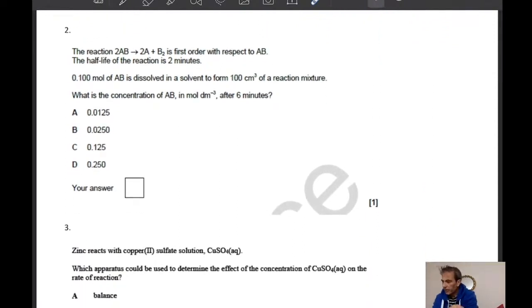Right, the next question is the reaction 2AB going to 2A and B2, which is first order with respect to AB. The half-life of the reaction is 2 minutes. So the thing, hopefully, that you've learned from the notes is that first order reactions have constant half-lives.